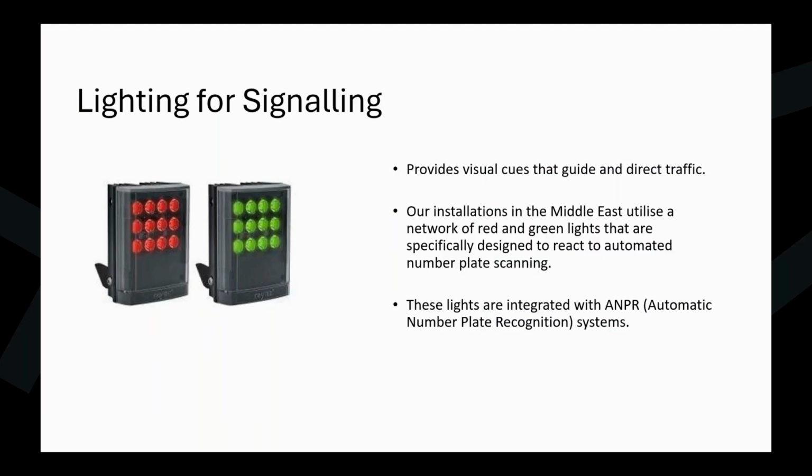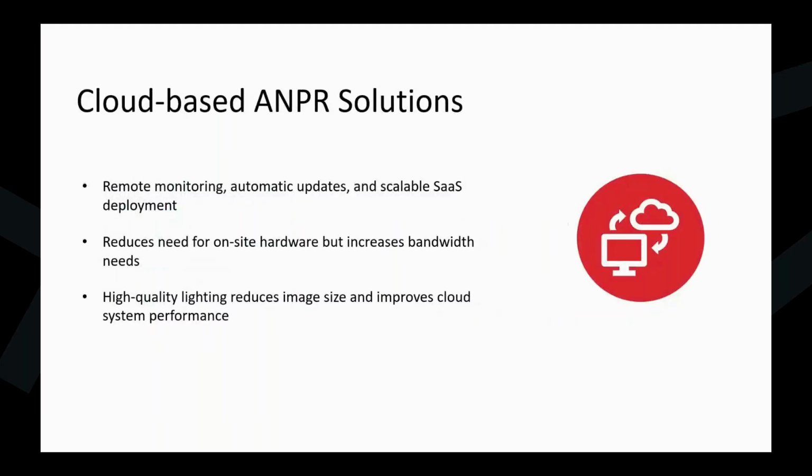Something we're also seeing a lot of is cloud-based ANPR solutions, or just cloud-based surveillance solutions in general. Now, one of the key things here is that customers are usually charged on the amount of storage that they desire and also the bandwidth that's required. The interesting thing here is that having additional lighting actually reduces the strain on storage and bandwidth.